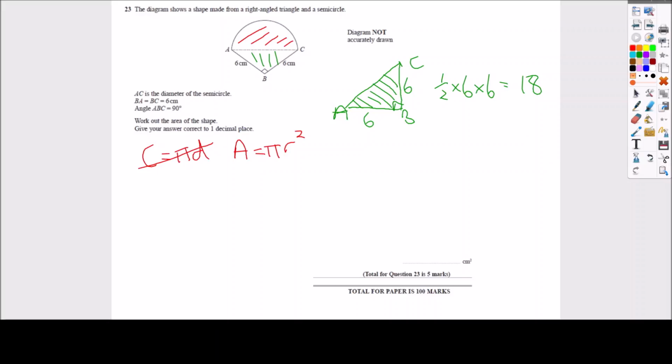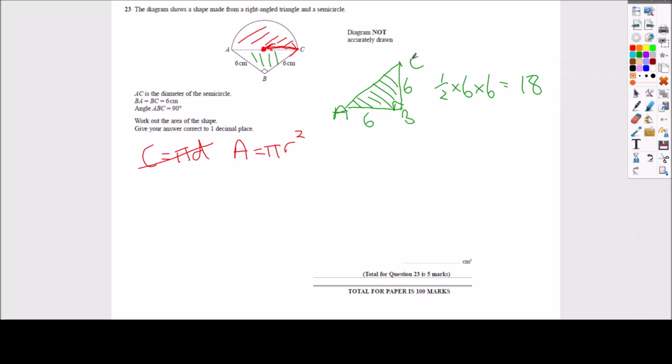Now, area equals pi times the radius squared. Now, the radius of the circle is the length from the centre of the circle to the outside of the circle. And as you can see, that length is going to be half of whatever AC is. So we're going to have to start off looking back at the green triangle to work out the length of AC, so we can halve it to work out the radius.